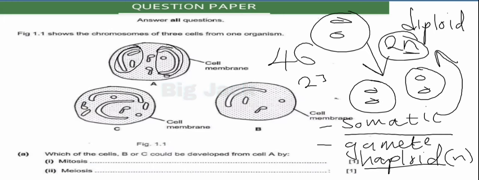Then when it comes to cell B, it has just one, meaning cell B contains just the haploid of cell A. Now, if you look clearly at the features in A compared to B, you are going to find that there is only one feature which is missing in B.